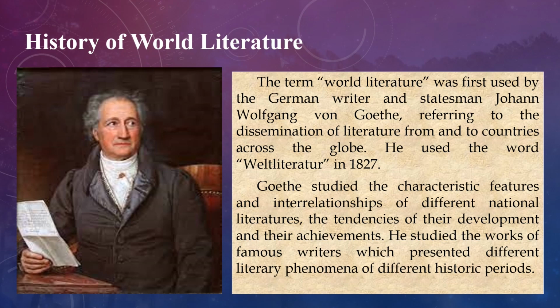Goethe studied the characteristic features and interrelationships of different national literatures, the tendencies of their development, and their achievements. He studied the works of famous writers, which presented different literary phenomena of different historic periods.